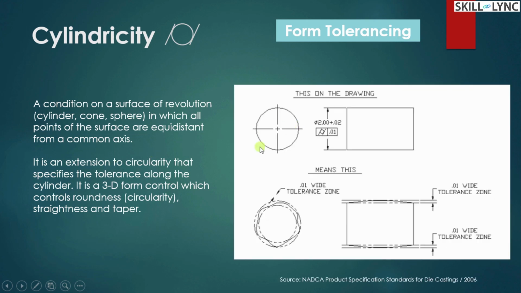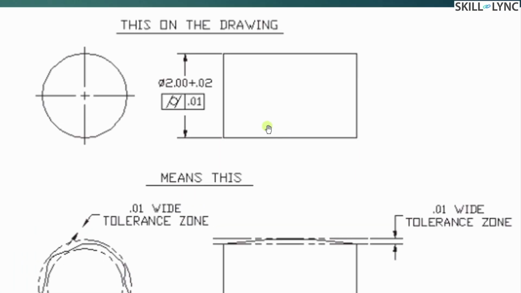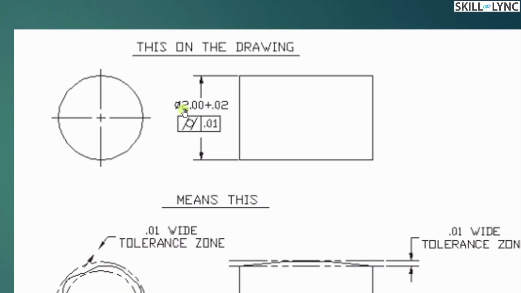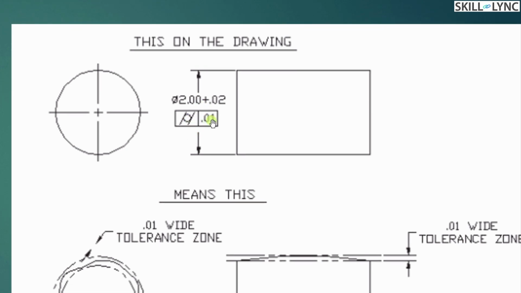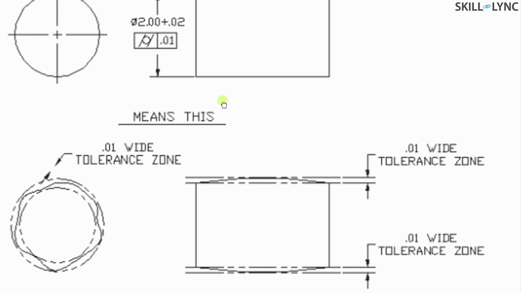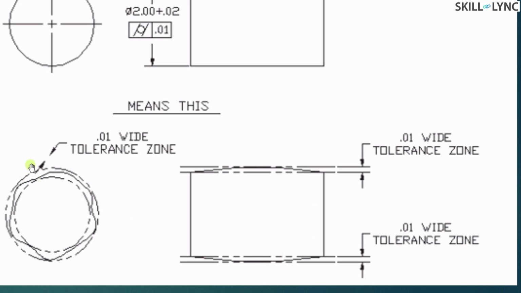So to better explain this, we have a figure here. So the same shaft of base dimension 2 with a unified tolerance of 0.02 on the plus side has a cylindricity of 0.01. It means that on the overall, as you can see, this is controlled in this view as well as in this view, that is in 3D view, because here you have the two dimensions, here you have the third dimension, the two different planes.